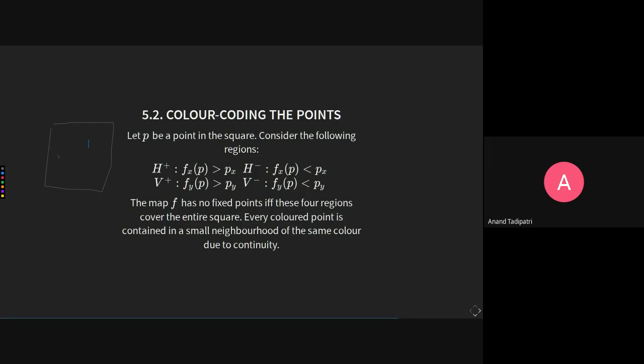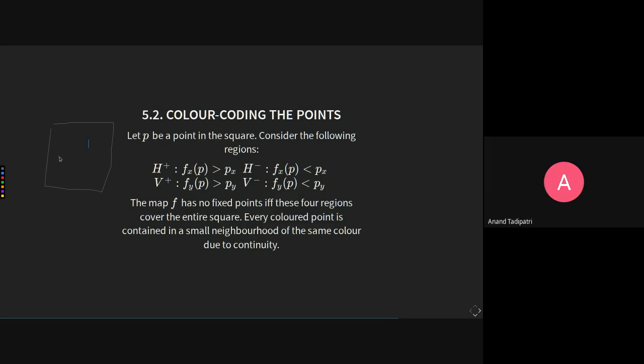Sorry, somebody had a question. If you take any point and draw the lines parallel to the sides of the square, and the transformed point lies on that line, then it's neither in H plus nor H minus, or V plus or V minus, depending.